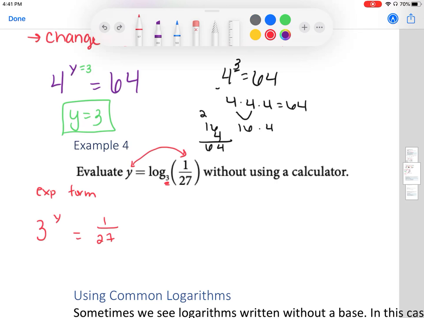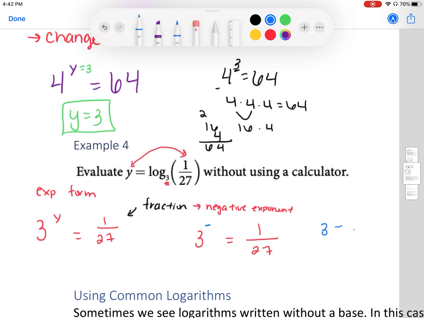Okay, so I have a fraction. Do you remember how to make a fraction from exponents? Yeah, you know that you need a negative exponent. So if I'm making a fraction, resulting in a fraction, then I for sure need to have a negative in my exponent.